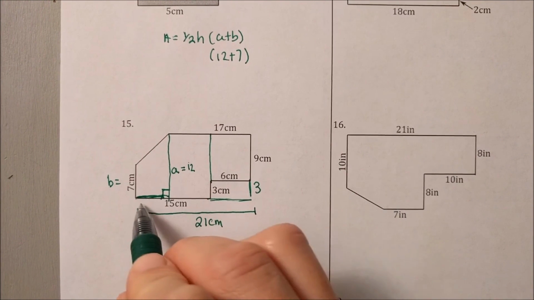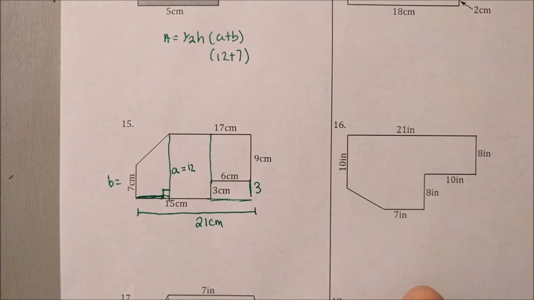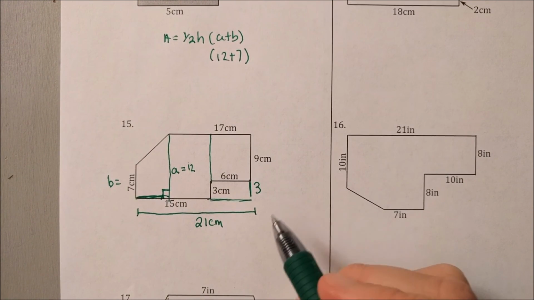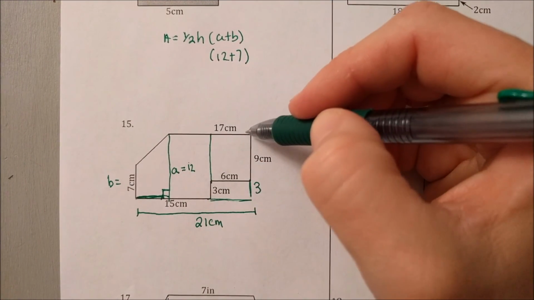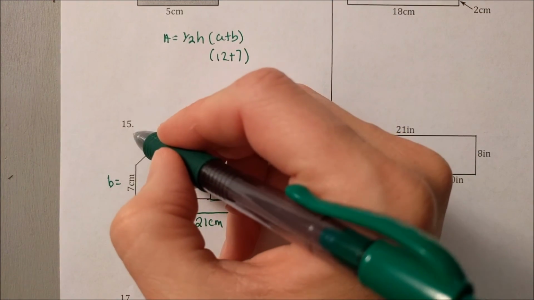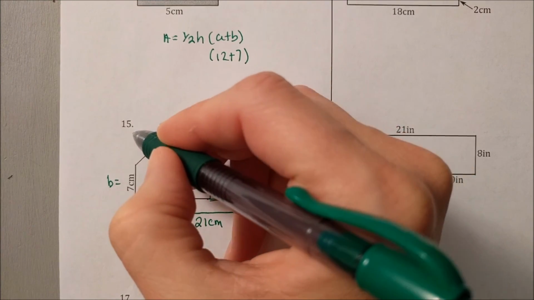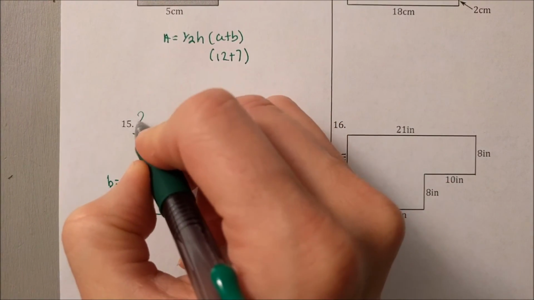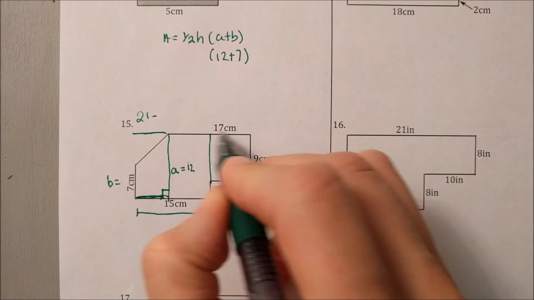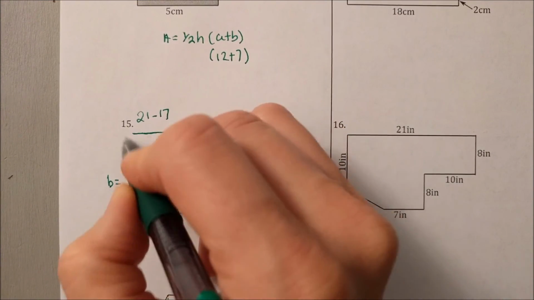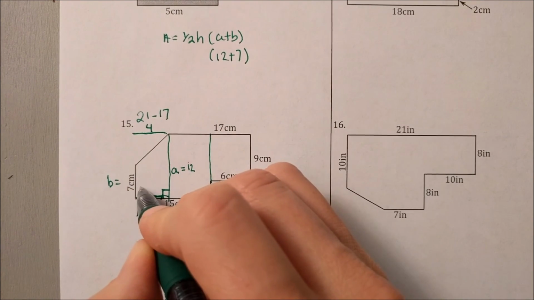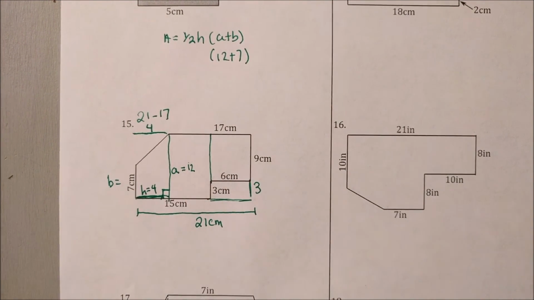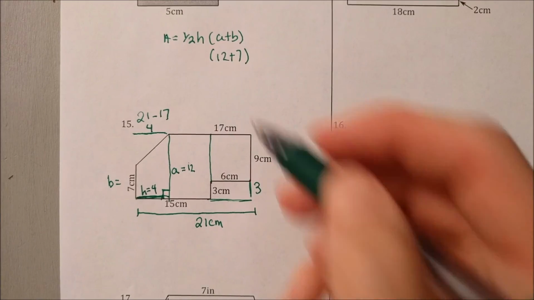See that? How the 15 and the 6 give me 21 the whole way, right? Okay, well then if I crawl up here, this is 17. So I'm looking for this difference here. I want to know the total 21 minus this 17 piece is going to give me what's here, right? So this height here is going to be equal to 4. All right, so now I have what I needed.